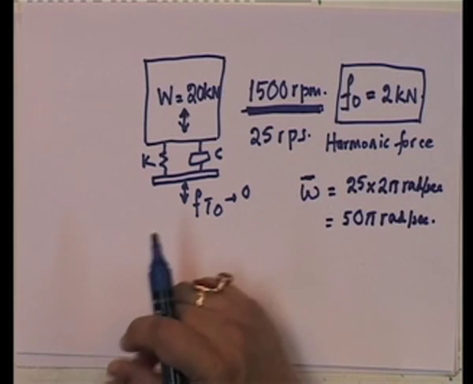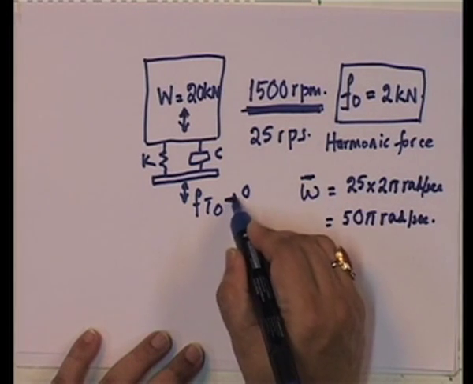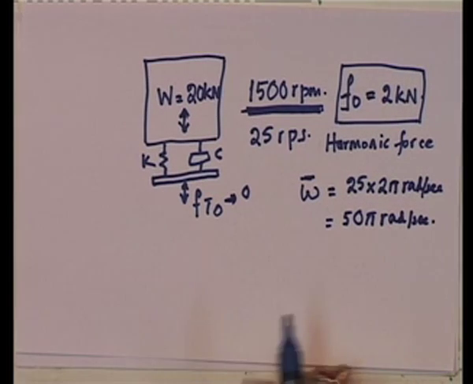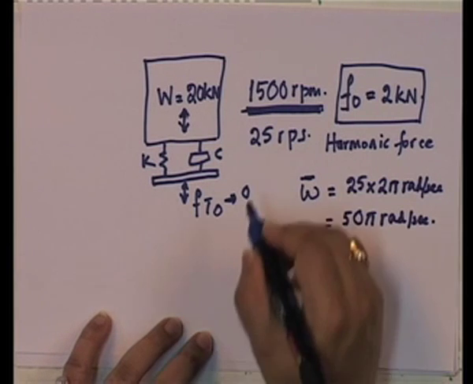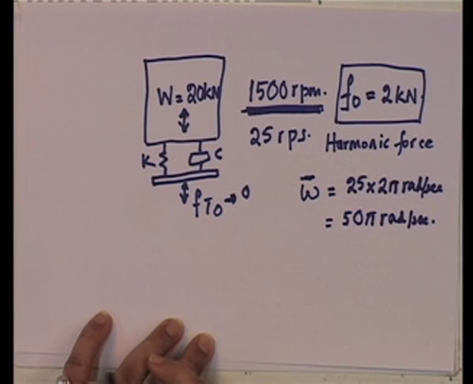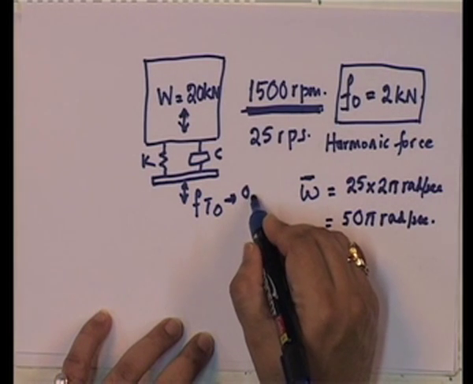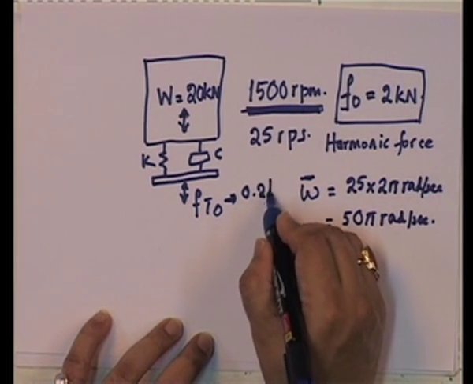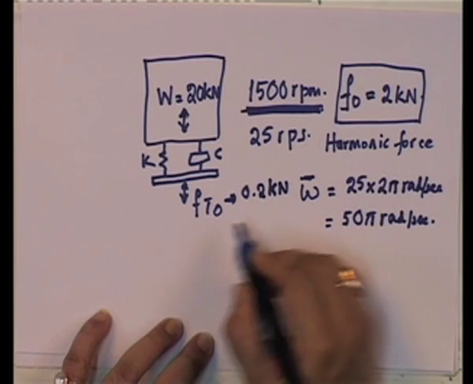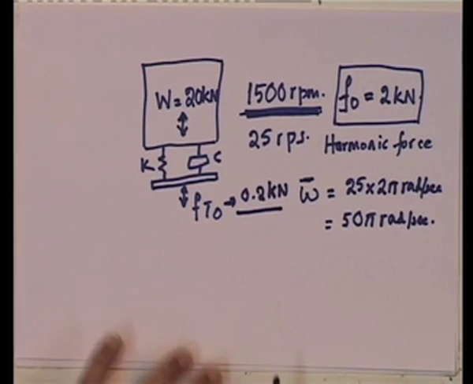So, what we need to do now is look at the possibility of transmitting as low a force as possible. Let us put it this way: the maximum that the floor can take is 0.2 kilonewtons.